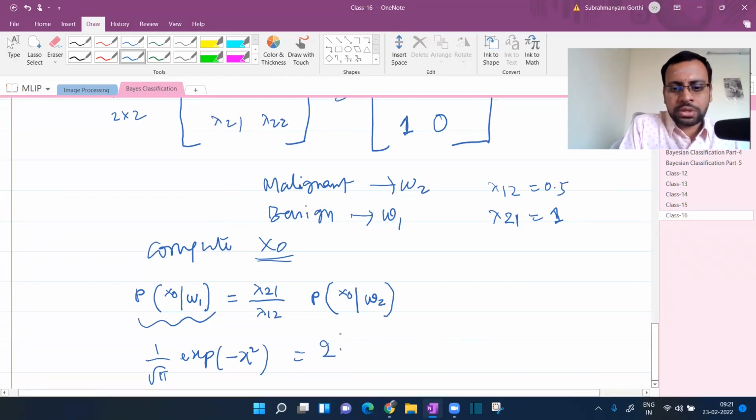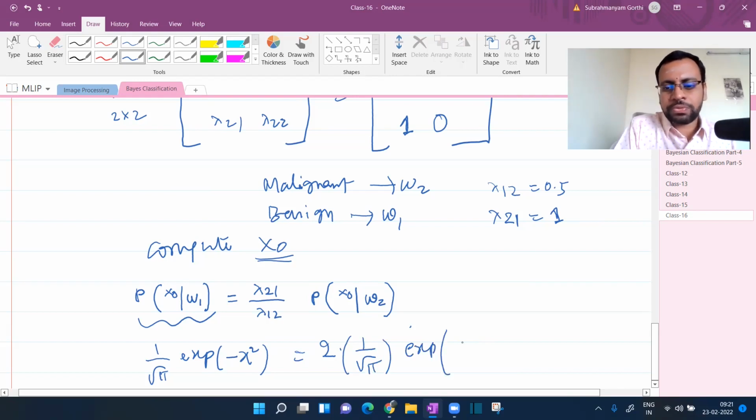So 2 times exponential of this. Again, I of course have 1 over root pi there also. We worked this out earlier, right? It is root pi here, exponential of minus of x minus mu, and your x minus mu is 1. This is what you have, correct?